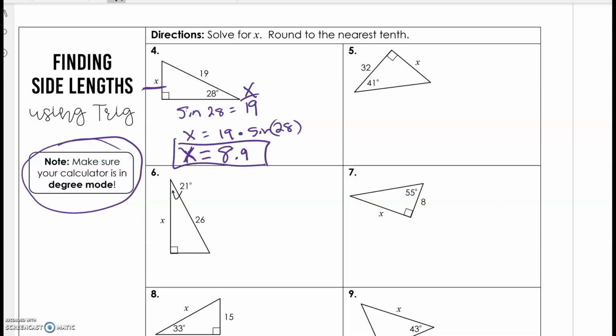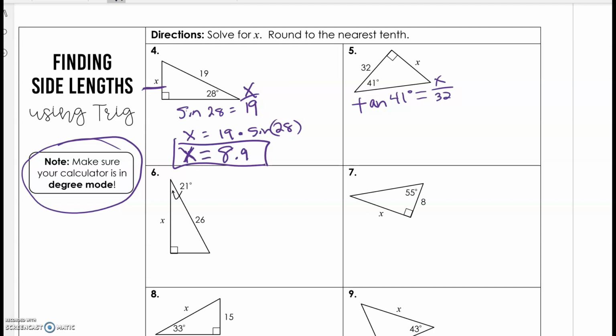All right, if you don't have a graphing calculator, that is fine. You could also go to Desmos, and that has trig functions. Let's look over here at number 5. So here, number 5, I've got an angle, and I've got an opposite side and an adjacent side. And I want to know the measure of the opposite side. Well, now, opposite over adjacent, that tells me I'm dealing with tangent. So I need tangent of 41 degrees, and I'm going to set that equal to x over 32.